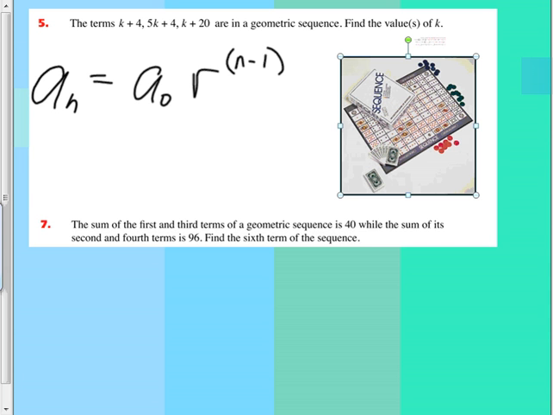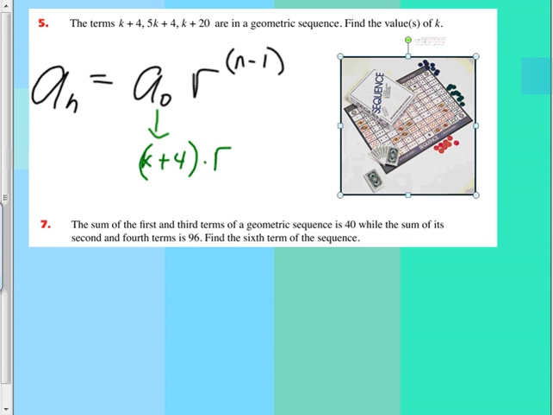At least they used a k, which is nice, because nothing in our formula has a k in it, so that's going to work nicer. Okay, so k plus 4 is our first term. Where can we put that? Yes, a0. So I'm going to drop in right here a k plus 4 times r. Do we know the r? Kind of.